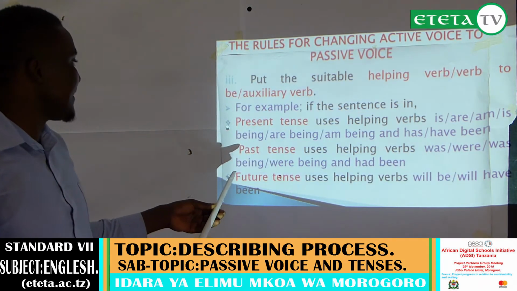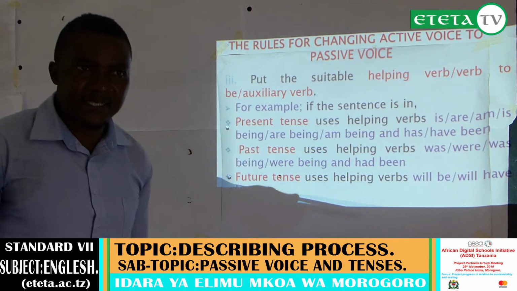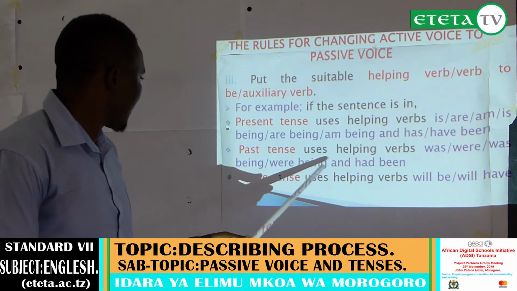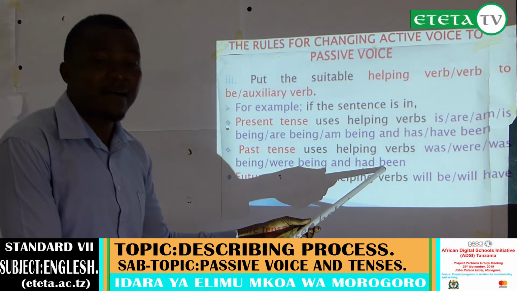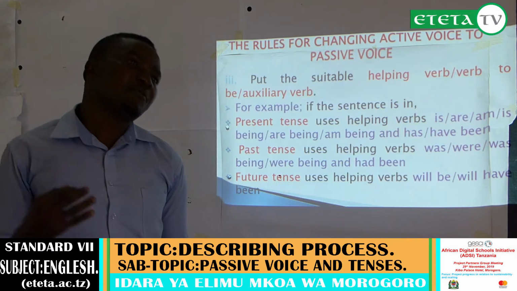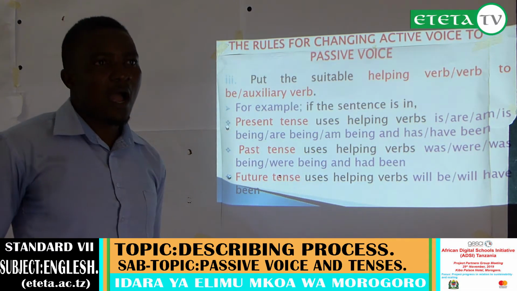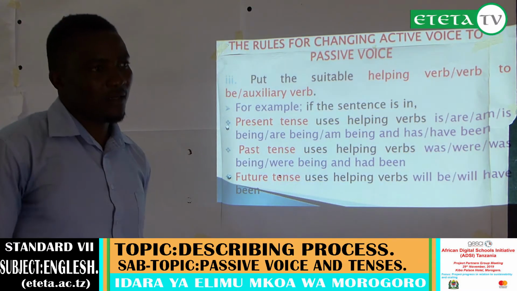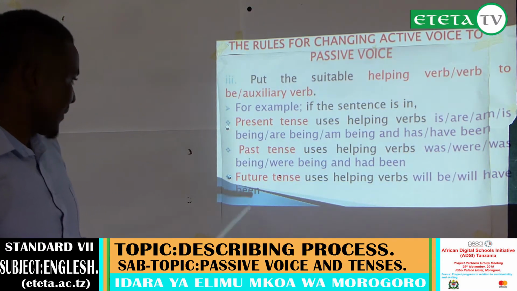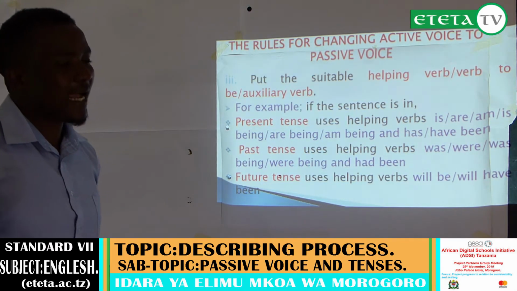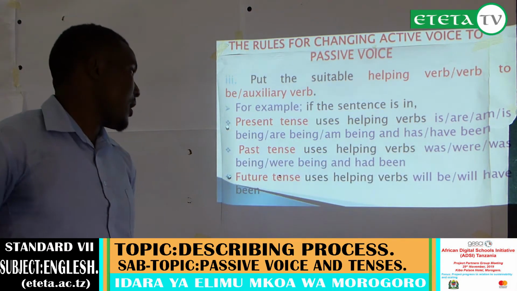If it is past perfect, you will have to use had been. If it is past continuous, you will have to use was being or were being. So you will have to put the strict helping verb according to the type of tense you are dealing with.